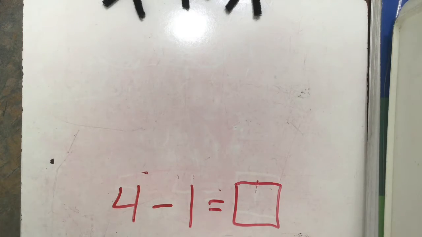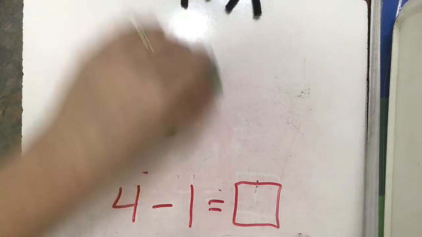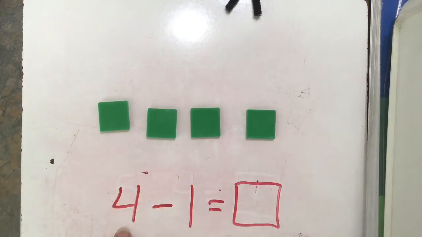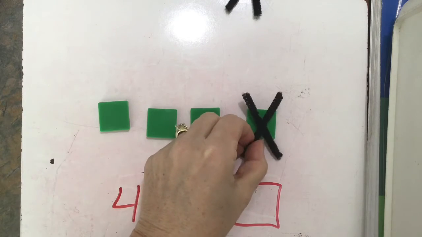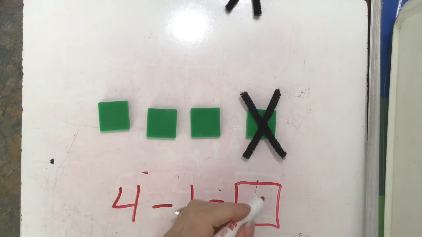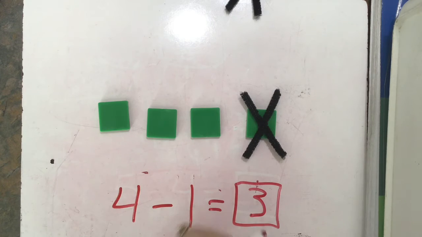How many do we have left? If we have 4 objects and we take away 1, how many do we have left? That's right. 1, 2, 3. We have 3 left. Okay, let's try one more like this.